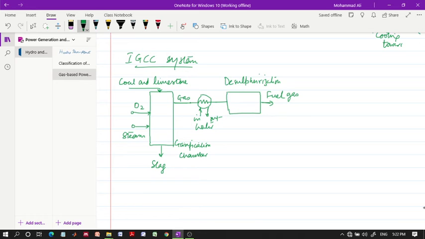So of course the unwanted things come out from this chamber and they are stored, or we are not bothered about what goes on with this. So this fuel gas is then fed to the combustion chamber of the gas based power plant.